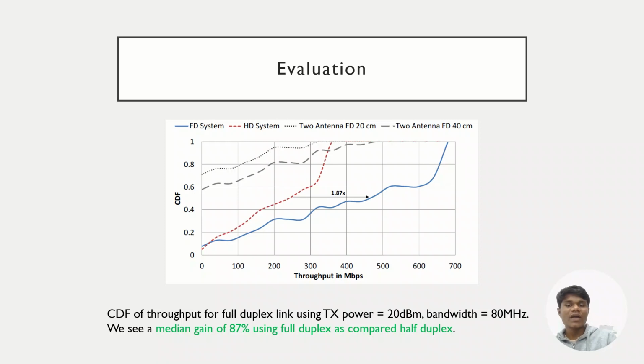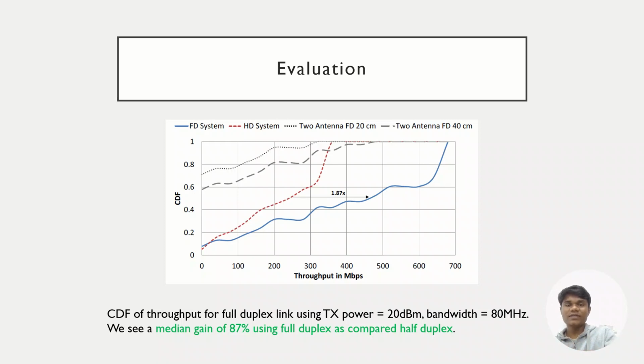Now, coming to evaluation, did we actually achieve what we promised to do in the first slide? Let's see. This graph shows us the CDF of throughput for full duplex link using these parameters. Transmit power is 20 dBm, the bandwidth is 80 megahertz, which is the specification for Wi-Fi.